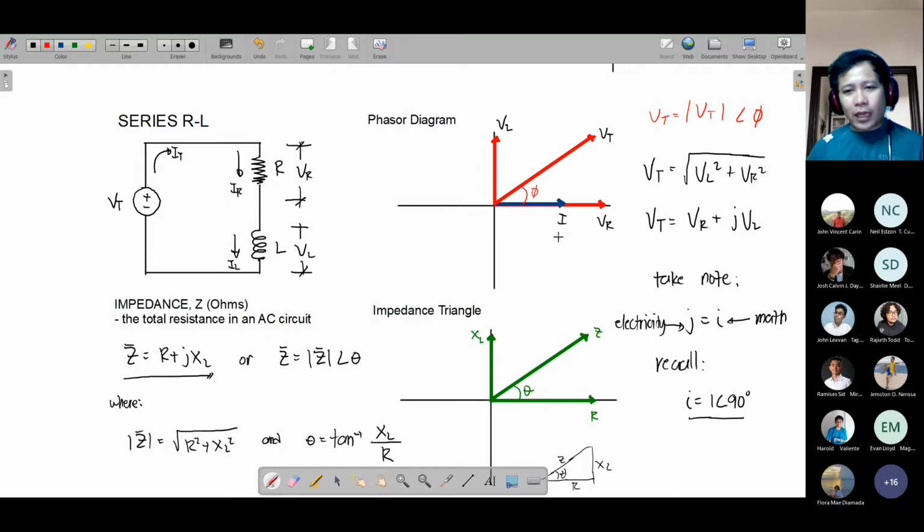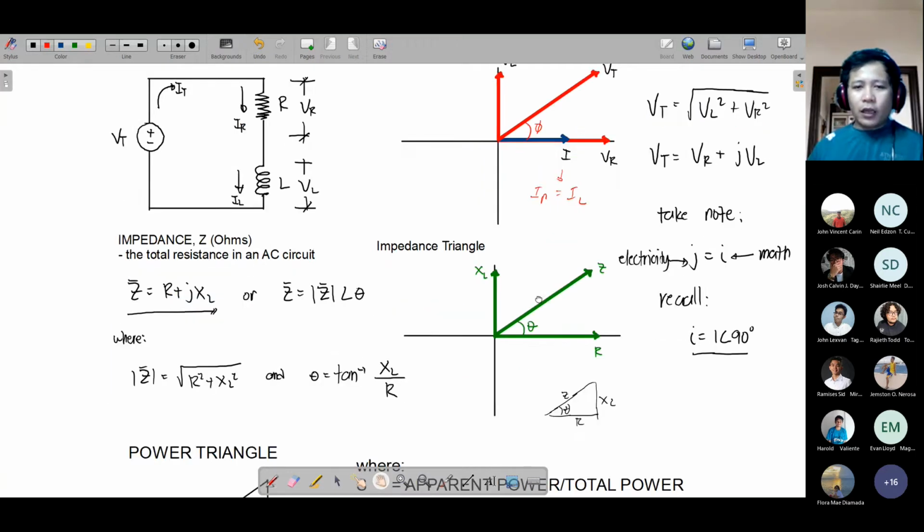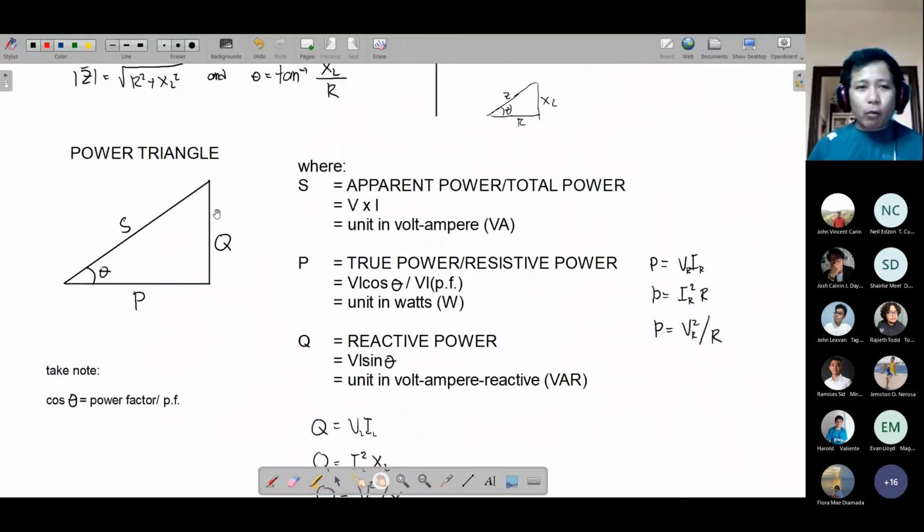Therefore, this will be your IR and this will also be your IL. Okay? So, there are no specific characteristics for your current, because it's series.